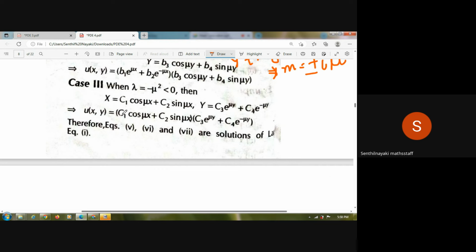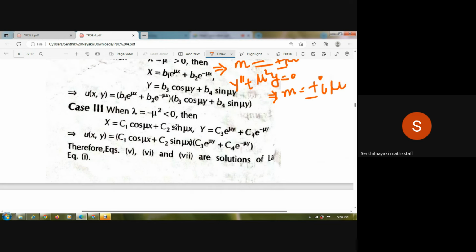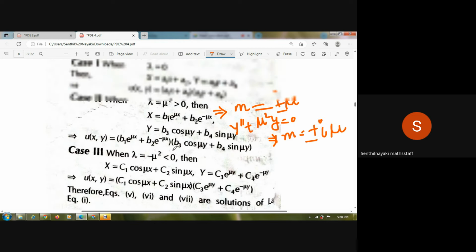Therefore u equal to x into y. Therefore these three equations are the possible solutions of the two-dimensional Laplace equation. For the nature of the problem, we can choose any one of these three formulas, that is fully depending on the nature of the problem.